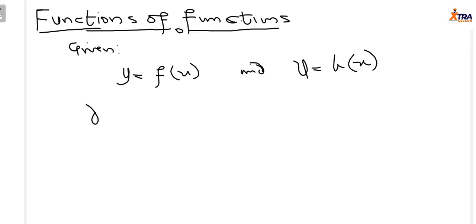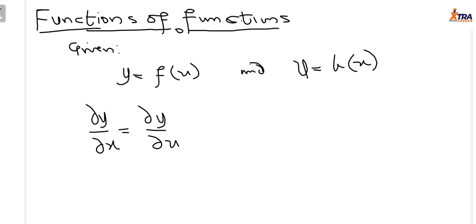We are having the derivative of y over what? dy/dx is equal to the derivative of y over u. That is dy over what? du.